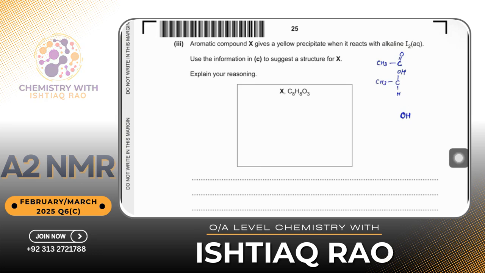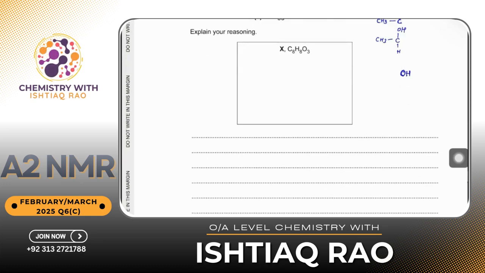Because 2 peaks have disappeared. Let me write it down to make it easier: I must have two OH groups, because the 2 peaks disappeared.